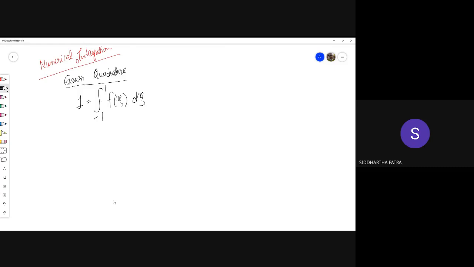Can that be represented as a sum of wi times f at xi i? All I'm saying is, let's say this function of yours is like this, f of xi, and xi ranges from -1 to 1.